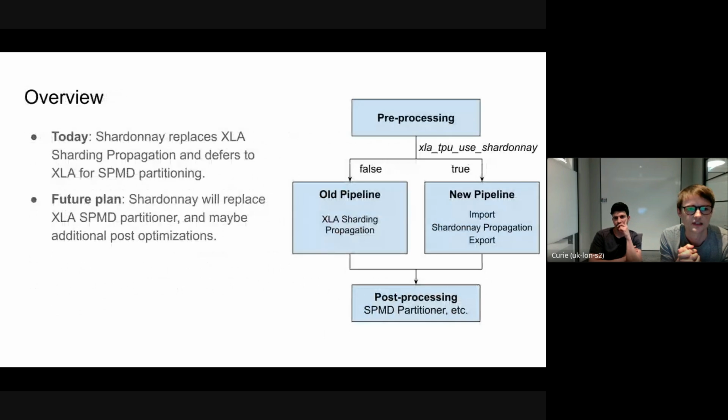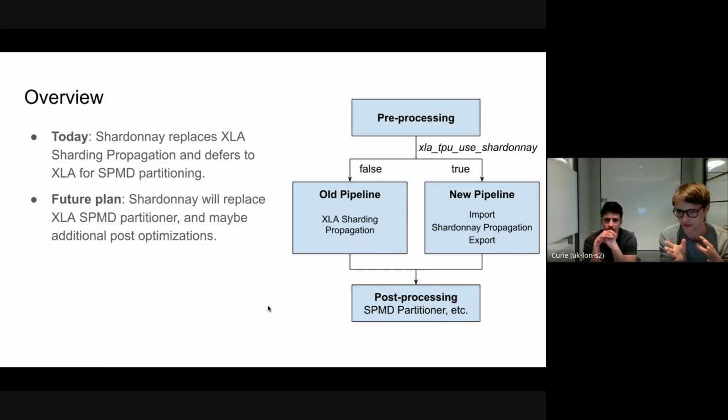Next slide, please. This is just a quick overview. Today, what we're working on is the sharding propagation aspect of partitioning. So we're essentially replacing the GSPMD propagation pass, but for now we're still relying on the GSPMD partitioner, which is the compiler pass that actually takes the sharding annotations and turns the ops into local ops, introducing the communication collectives and things like that.